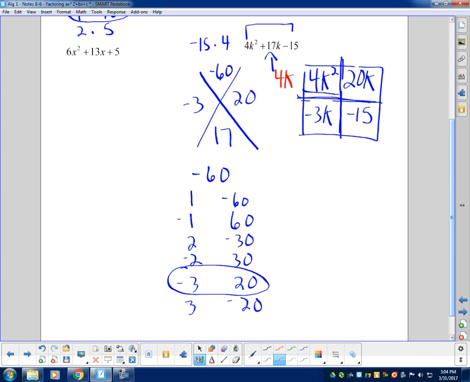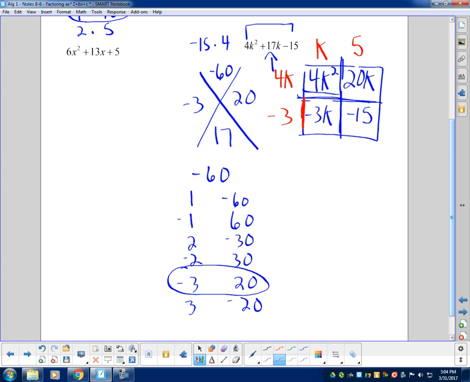Bottom one, we've got a negative sign in here, negative 3k and a negative 15. If there is a negative in the edge here, we like to plot the negative right there, so this would be a negative 3. I'll show you why when we go to check it. First column, 4k squared and negative 3k has a common factor of k. And the second column, between 20k and negative 15, has a GCF of 5.